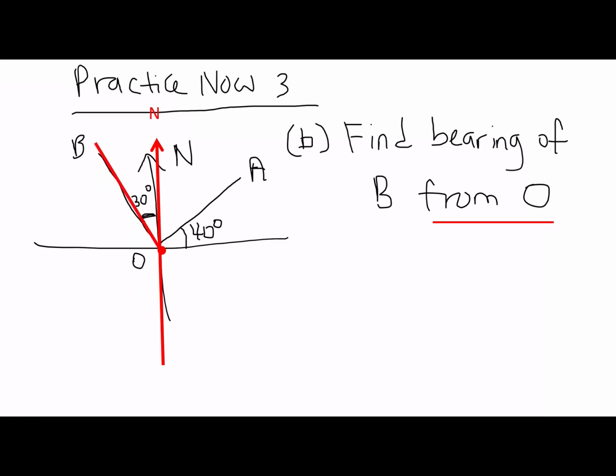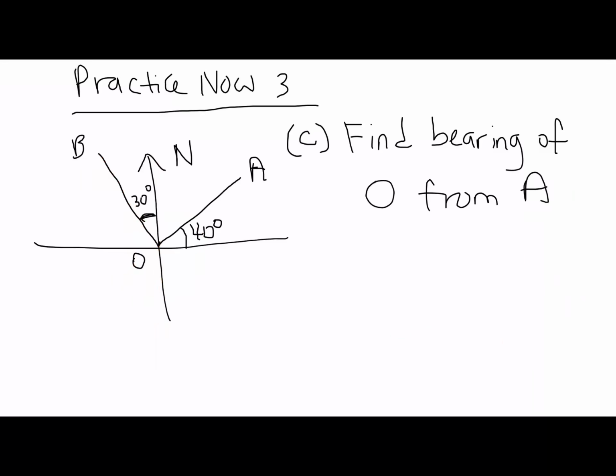Now, you start drawing on the north line from above point O. So something like this. That is the bearing. Okay, you know how to draw. Now you need to find the value. Angle at a point is always 360 degrees. So the bearing is simply 360 minus 30 degrees, which is 330 degrees.